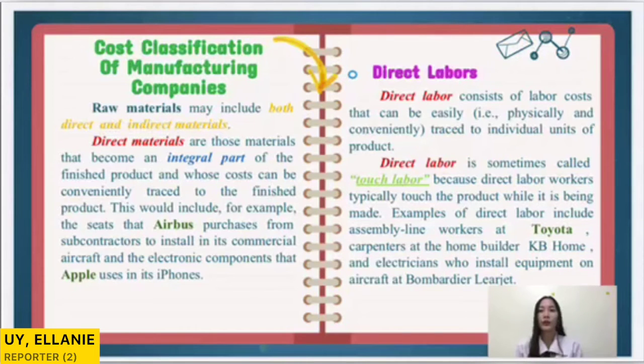Indirect labor includes the labor costs of janitors, supervisors, materials handlers, and night security guards. Although the efforts of these workers are essential, it would be either impractical or impossible to accurately trace their cost to specific units of product. Such labor costs are treated as indirect labor.